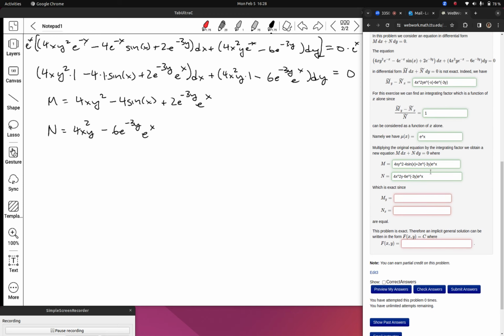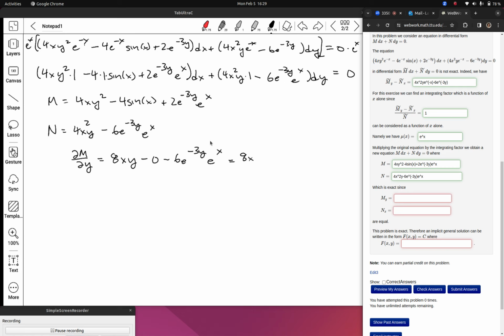And now we have a new equation that we can check if it's exact. So we're going to have dM/dy is equal to 8xy minus 0, because there's no y in that second term still, minus 6 e to minus 3y e to x.